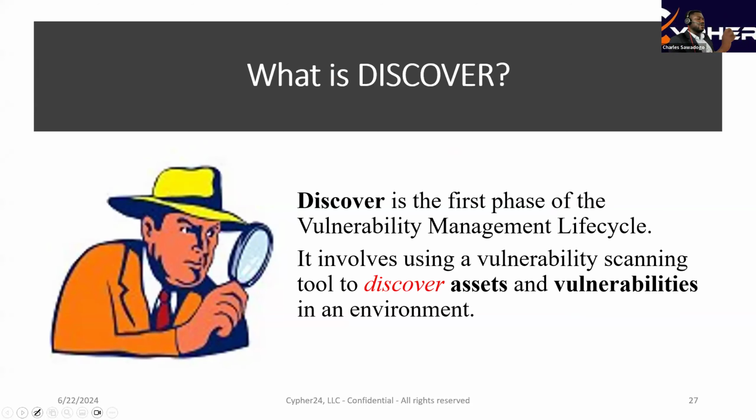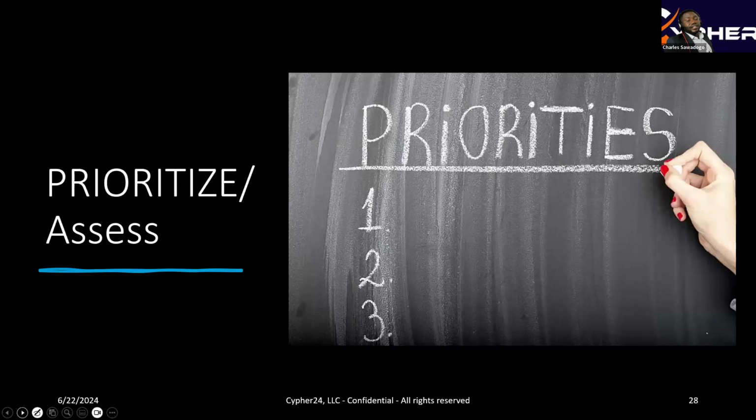There is something we call a discovery scan, and the primary goal is to discover the assets and the vulnerabilities. Number two, once you discover them, you are going to prioritize and assess them, because not all vulnerabilities are the same. You know that for sure.